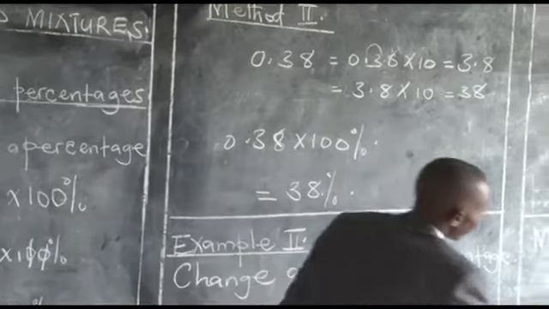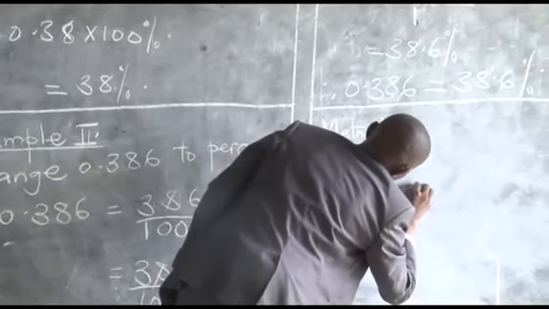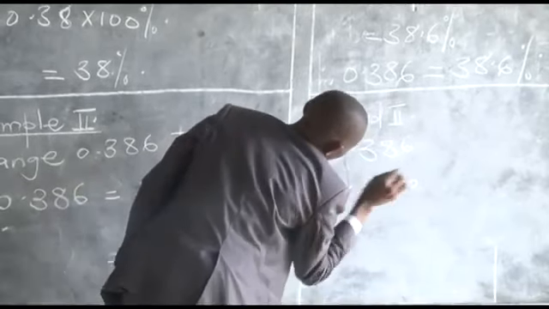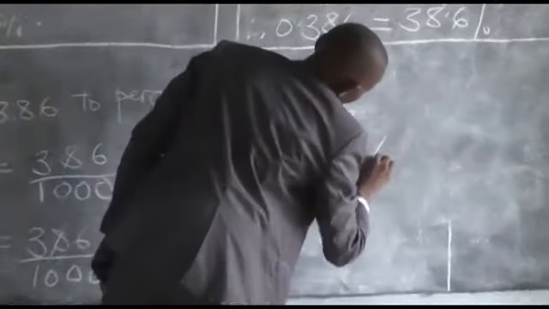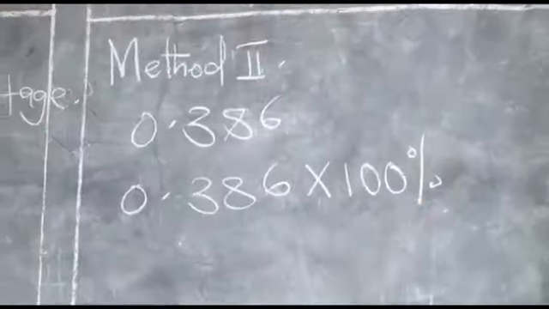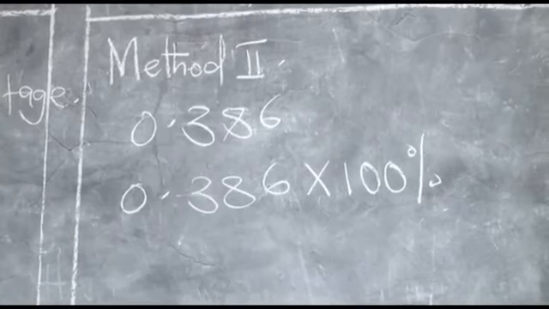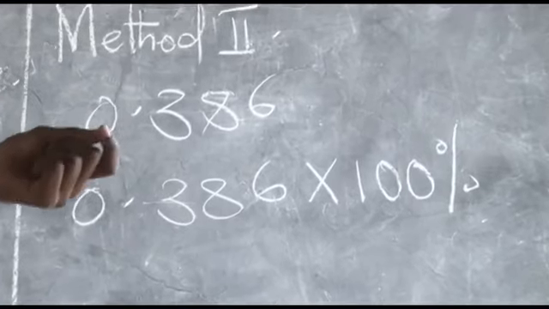So we shall come and say 0.386 times 100%. Why are we multiplying by 100%? Because we are converting from decimals to percentages.